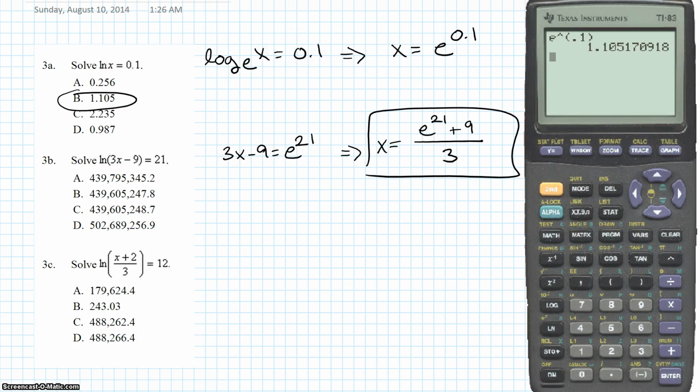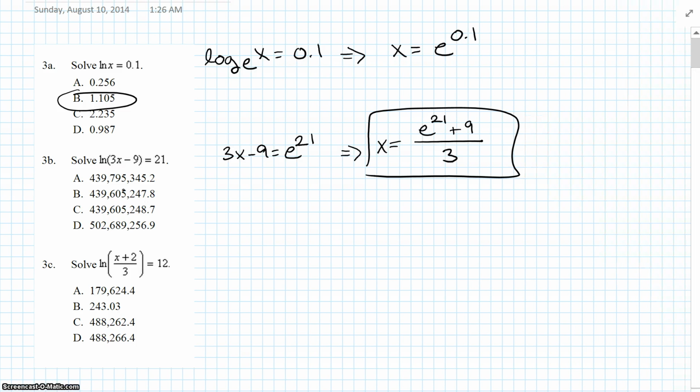So let's just plug that in our calculator. In parentheses here, e to the 21 plus 9, divided by 3. Okay, so I got a really big number. I got 439,605,247.8. So the answer is B.